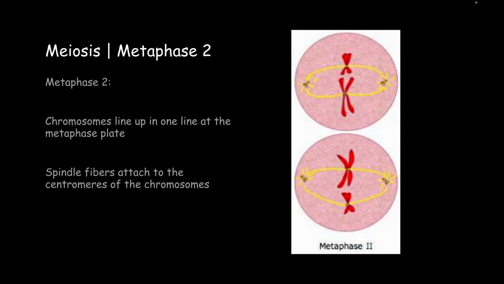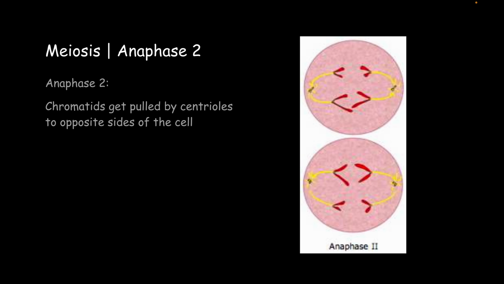The chromosomes line up at the metaphase plate. Spindle fibers connect to the centromere of those chromosomes. But unlike mitosis, where we had the chromosomes splitting up, we have the chromatids, or we did have the chromatids in mitosis. See, I always confuse myself with this, guys. It's confusing. But the centrioles pull apart the chromatids to opposite ends of the cell.